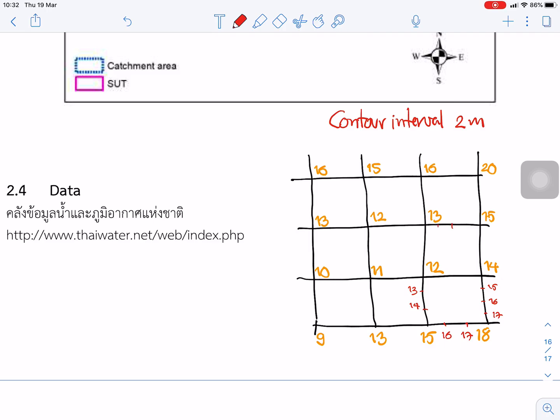From 13 to 15, this means 14 is somewhere here. 13 to 16 divided by 3, 12 to 15 divided by 3, 13 to 16 divided by 3.